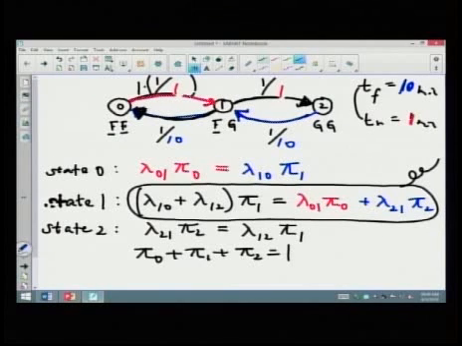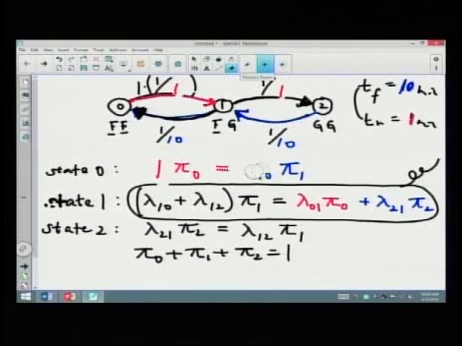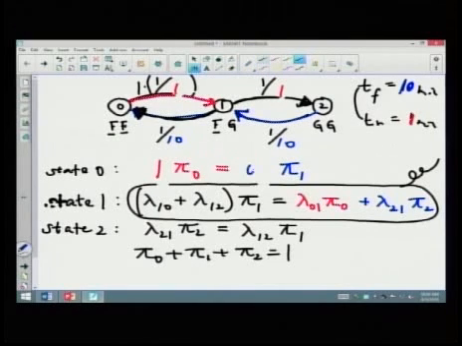Which means here we have 1, and here we have 0.1, which is 1 over 10.